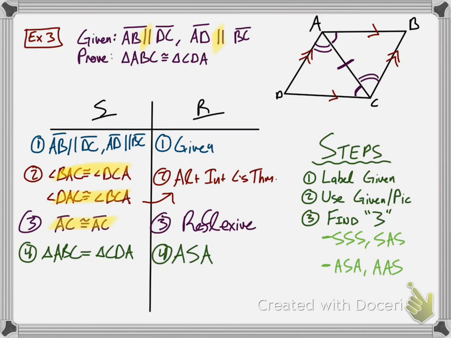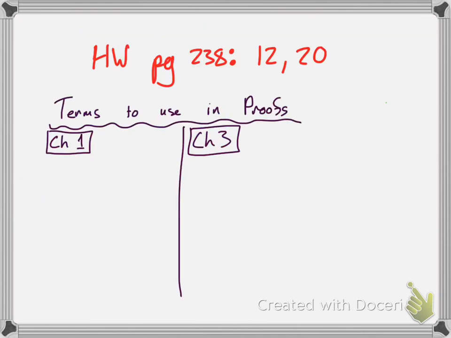All right. So just some quick reminders from chapter 1 and 3. Some of the terms that you will see in the given that will be used in your proof. From chapter 1 will be things like midpoint, bisect, vertical, perpendicular.